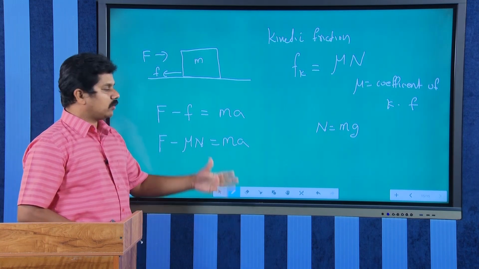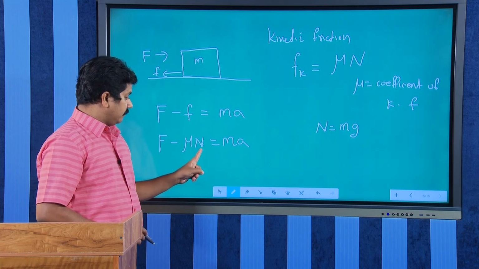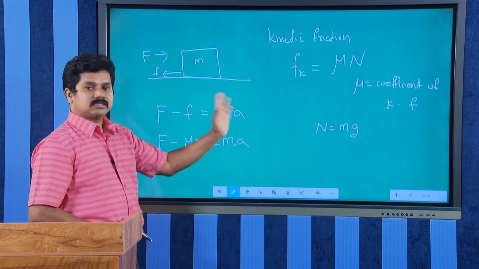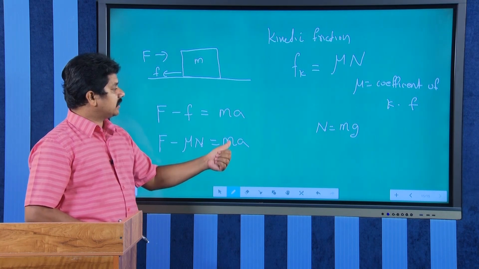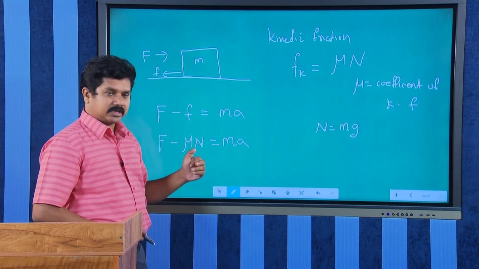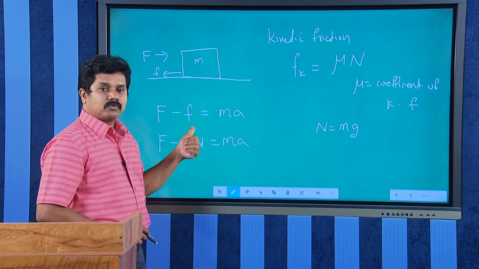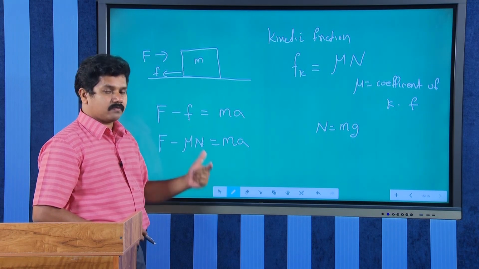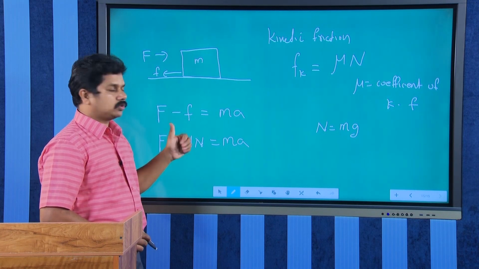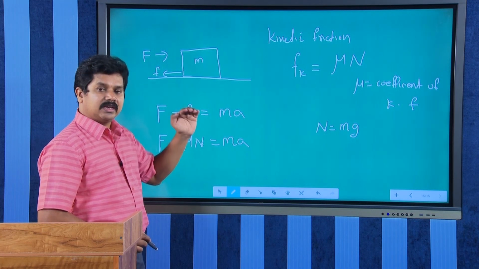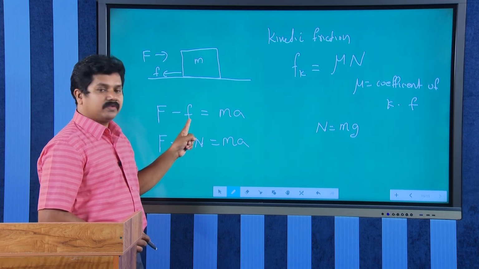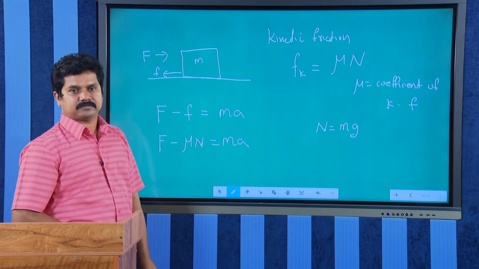This mu n will come into play during the motion, that is kinetic friction, that is when the body starts the relative motion, right. After that only we can say that n equal to m g. Up to the motion or up to the limiting friction, the frictional force acting on the block will be static friction, that will be equal to what? Applied force. So, up to the value of the limiting friction, acceleration will be 0, right, because F and f will be equal in magnitude and opposite direction.